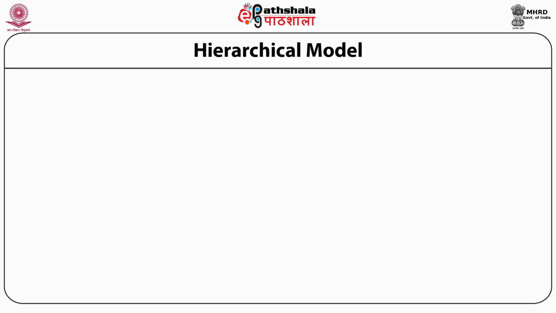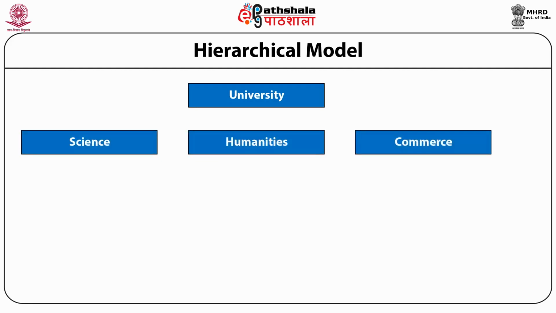Hierarchical model. The hierarchical model basically represents the hierarchy in which the data is stored. This slide shows diagrammatically the structure of employees in a university. On the top we have the university, and in the university we have different faculties like science, humanities, commerce, and so on.